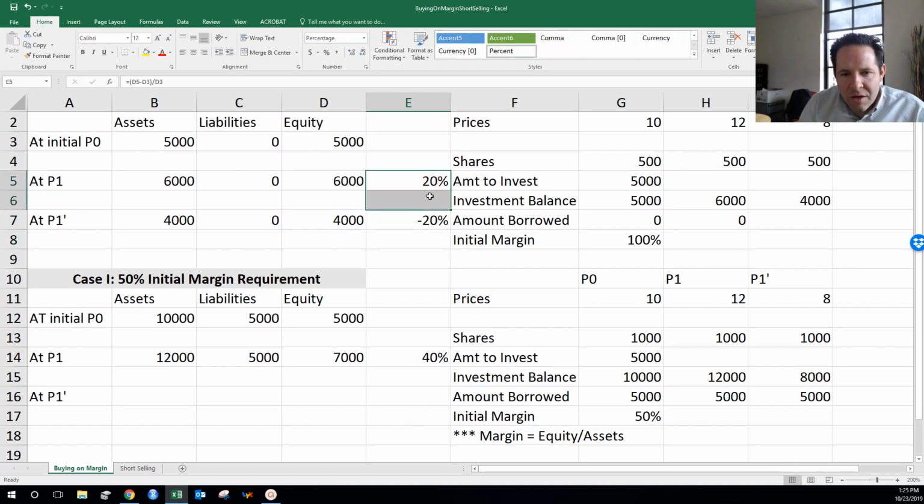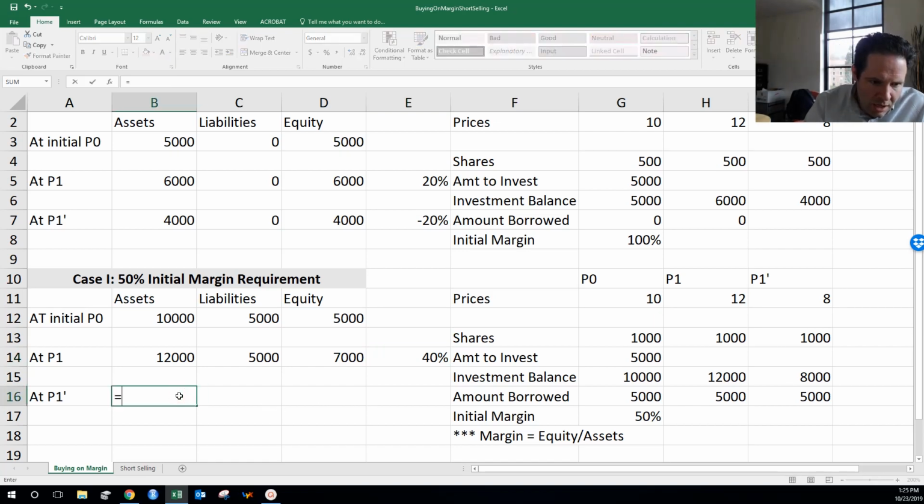We saw a 20% gain and a 20% loss. Here we can see that there's a 40% gain when the price goes up by 20%. So having leverage in this initial position gave us greater exposure to the upside. Turns out it does the same thing on the downside.